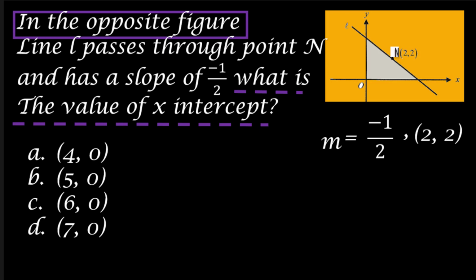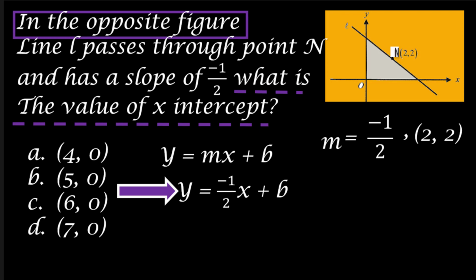So we can write the equation now because we have the slope and we have a point. The equation is y equals mx plus b. m is negative 1/2, so we substitute m for negative 1/2. So y equals negative 1/2 x plus b.